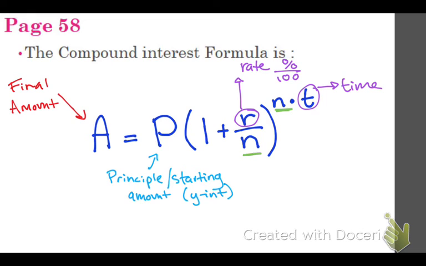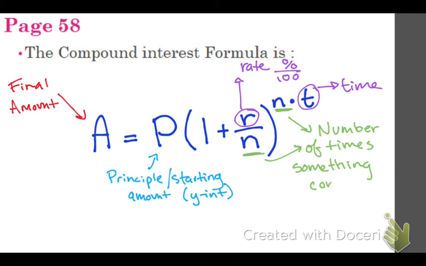But the new variable we have is N. What N is going to mean, and it shows up twice, is the number of times that something is compounded. So it's going to be the number of times that I'm earning interest.